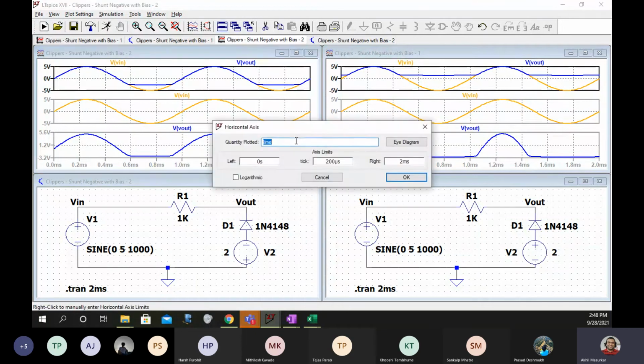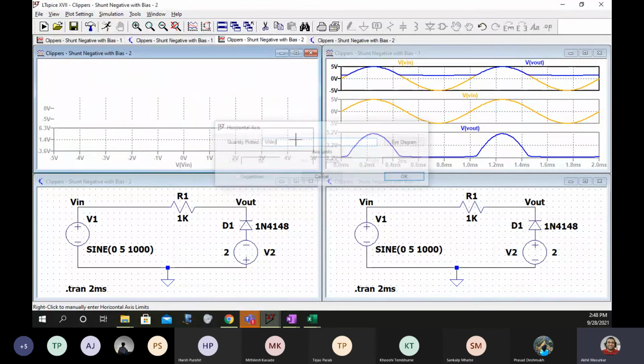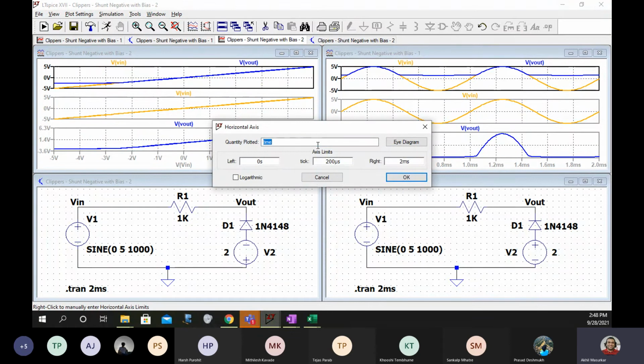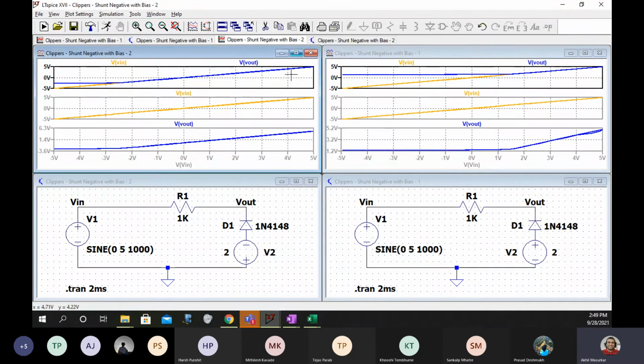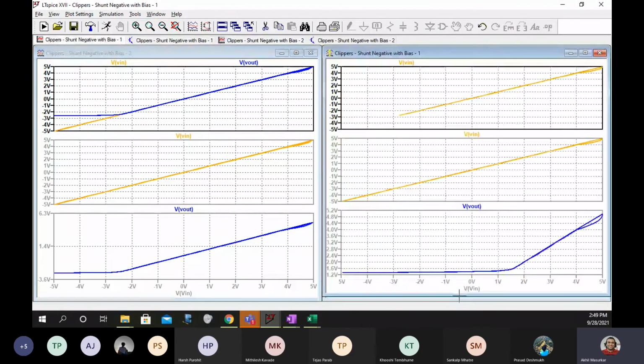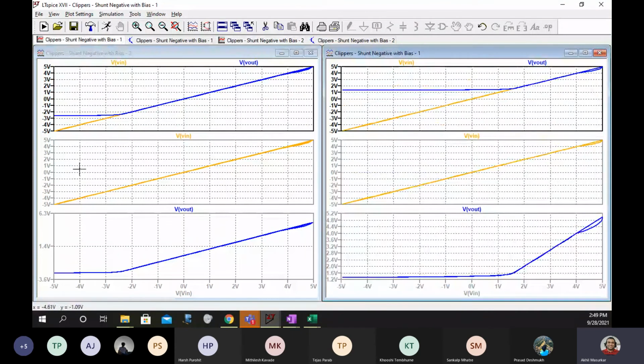And just in case if you want V out versus V in, that is the input output characteristics, you can type like this, V of V in. Expand both. So you can see here how they are not same.